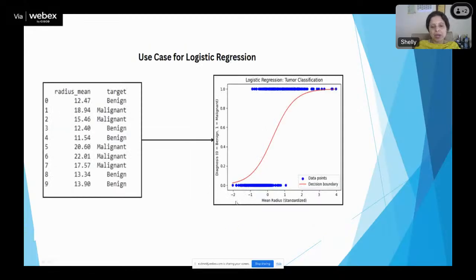So you categorize it either under the category of benign, or under the category of malignant. This is the value, and this is the target being classified as benign or malignant. If you see, the radius mean is 12.47, 18.93, 15.46, 12, then 11, then 20, then 22.